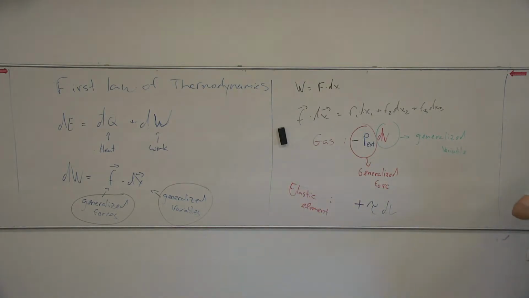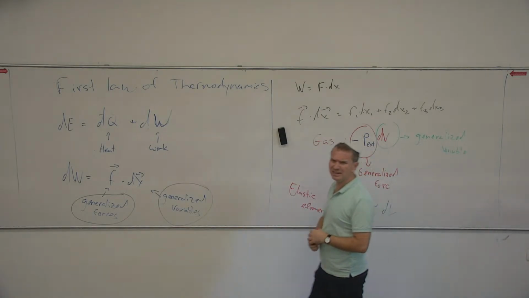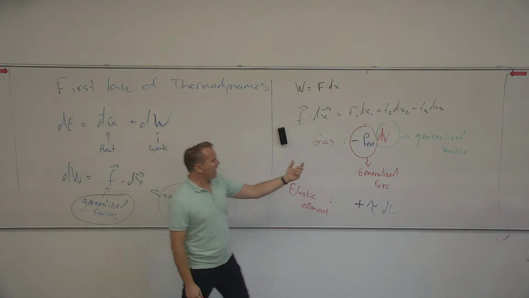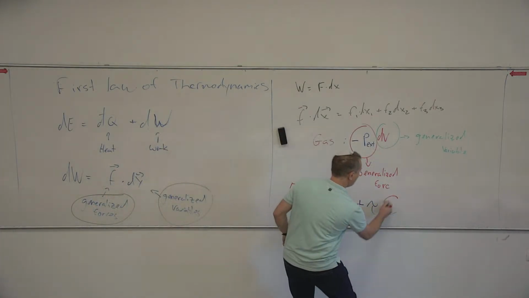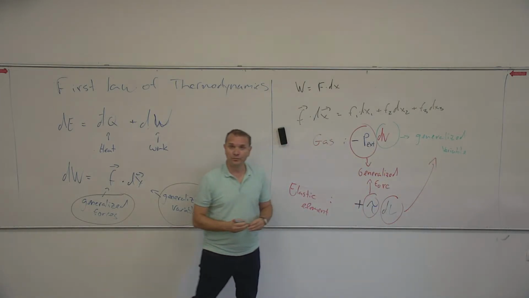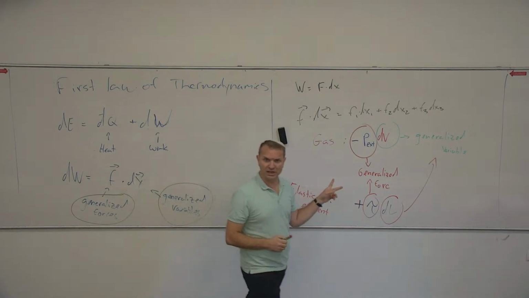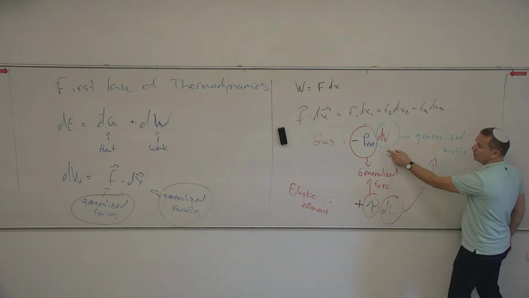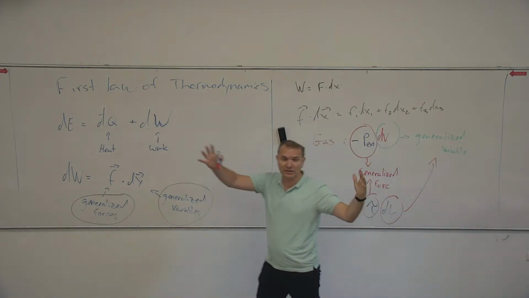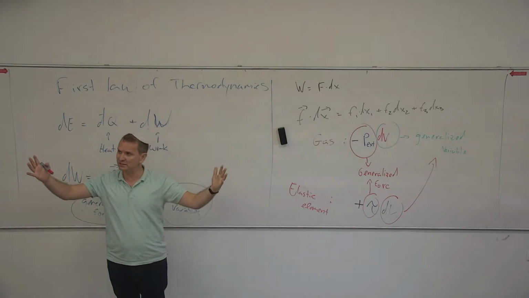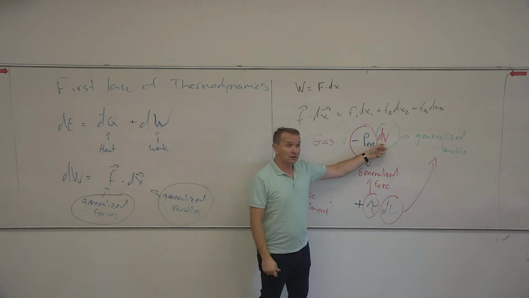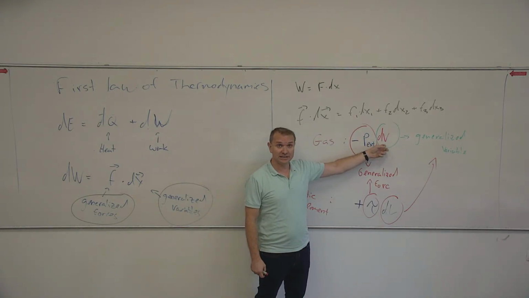I can think about other magnetic forces, electric forces, and so on. It's always going to be that you have a generalized variable and you have a generalized force. Now notice something from those two examples. The generalized variable is extensive. What I mean is, if I increase the size of my system, my volume increases proportionally to how much I increase the size of the system. So dV, or V, is extensive.